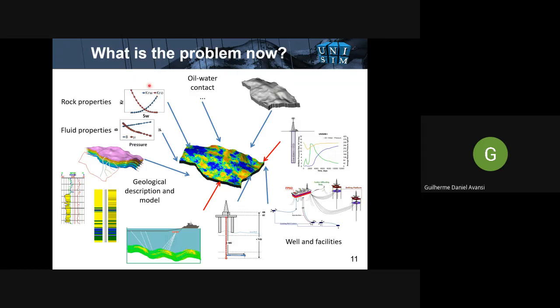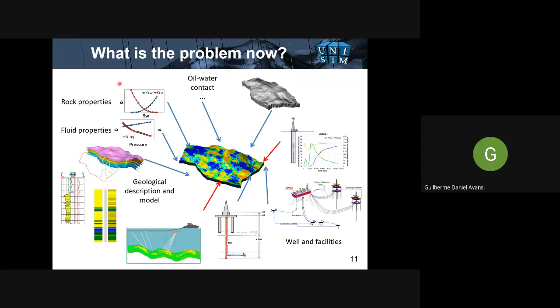So we have rock properties, because remember, when Manuel presented reservoir characterization, he presented different types of rock properties. What do rock properties mean? Now we can talk about phases. We need to relate these for each type of rock that we have in our model.